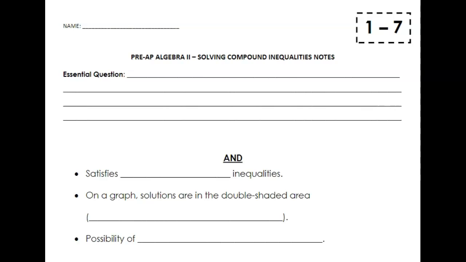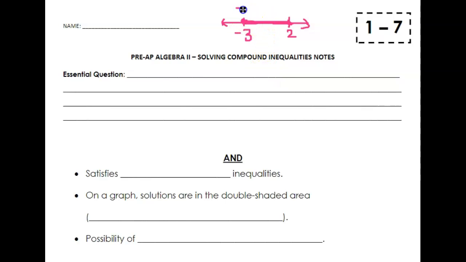The compound inequalities, what they look like, is if you have something like, let's say you have a number line, and on this number line you have a -3 that's a closed point, and maybe you have a 2 that's a closed point, and you have all of this stuff shaded in between, and that's your solution set, and you're trying to figure out how to write this.